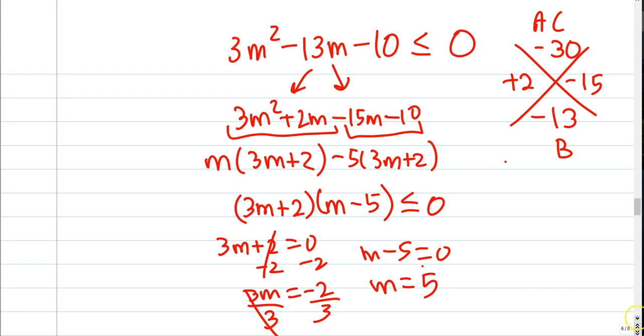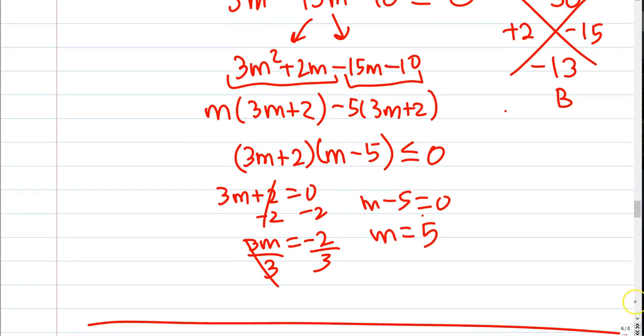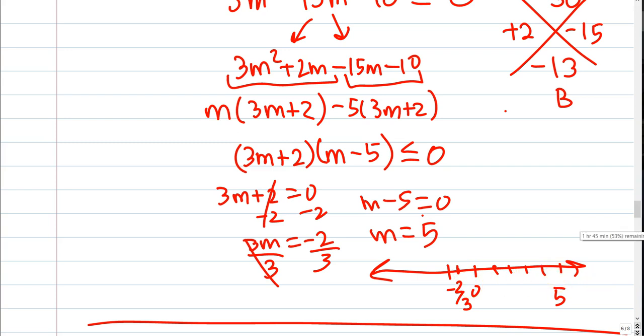When I graph this, I'm going to sketch it from -2 thirds up to 1, 2, 3, 4, 5. Is this one going to shade towards the middle or toward the outside? If you're not sure, check a region.